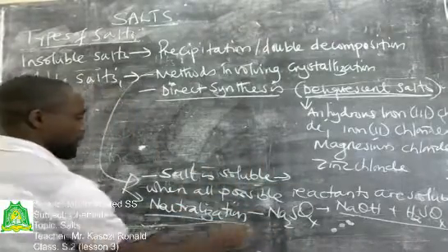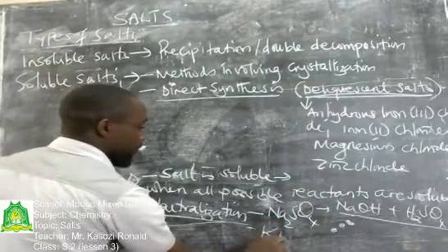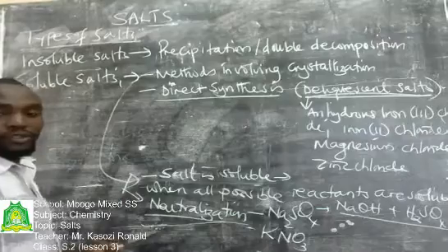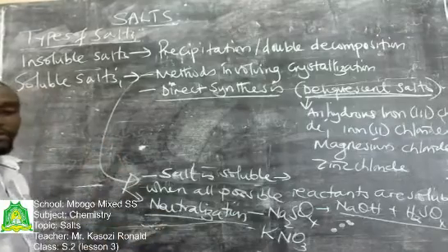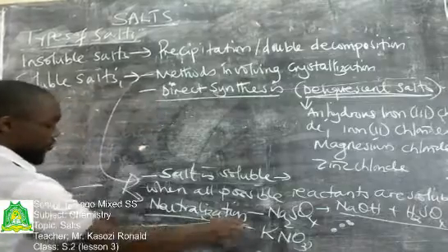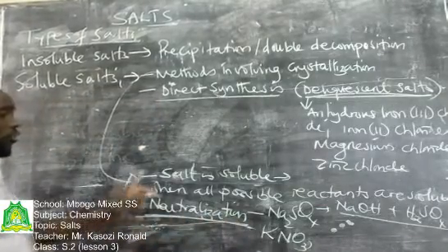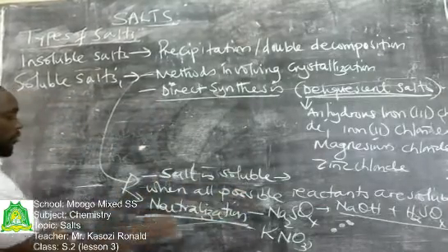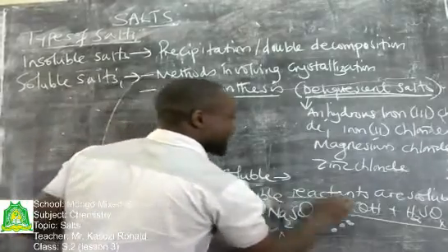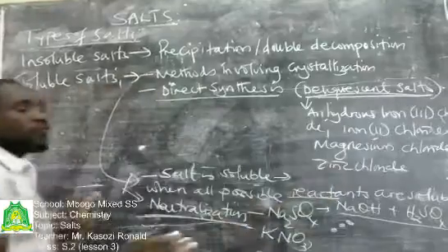Other salts like potassium nitrate, most especially sodium salts, potassium salts, even ammonium salts, can all be prepared by the neutralization method. They are all soluble salts, and all their reactants are soluble in water.